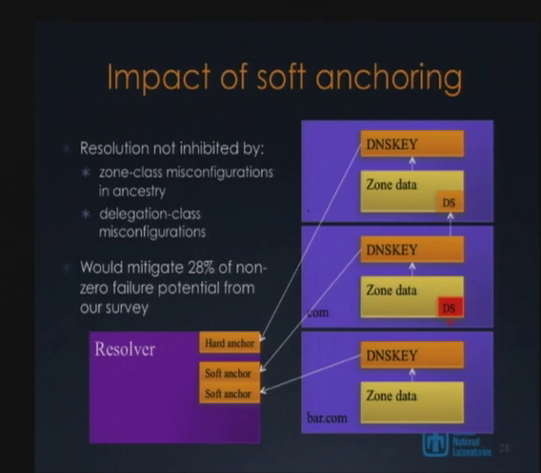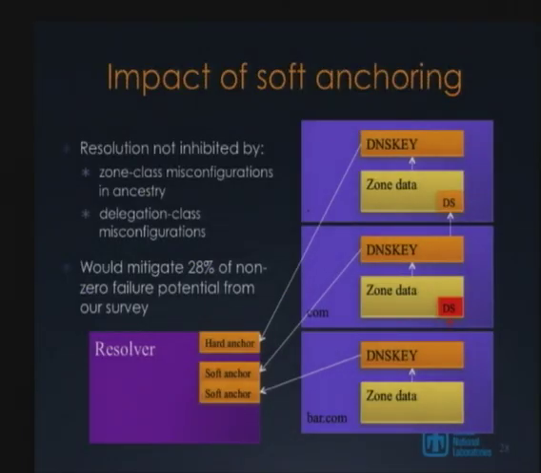And so what this does is mitigate zone class misconfigurations by your parent, like a top-level domain, for example, as long as they were working at some point before the chain broke. And also, if there's delegation class misconfigurations, like the example here, then you can mitigate both of those situations.